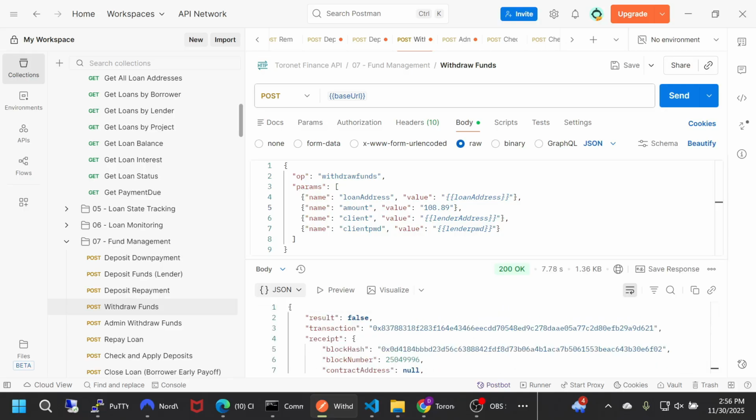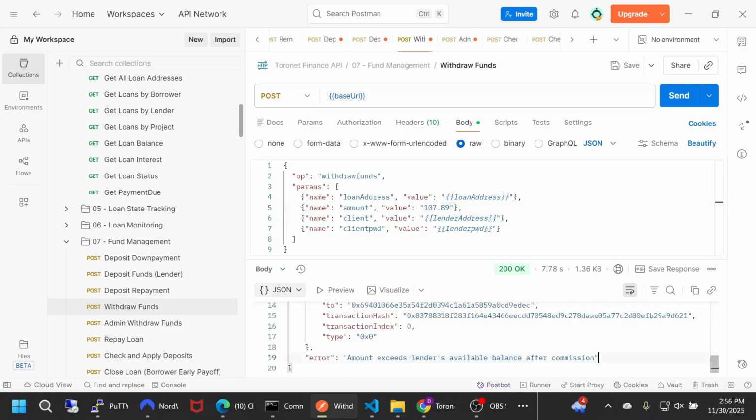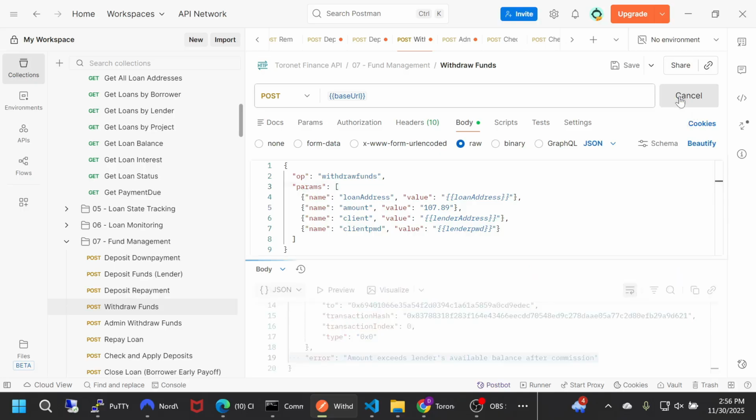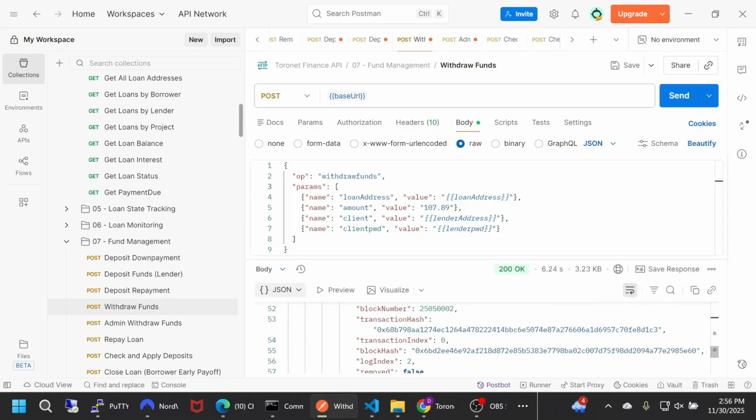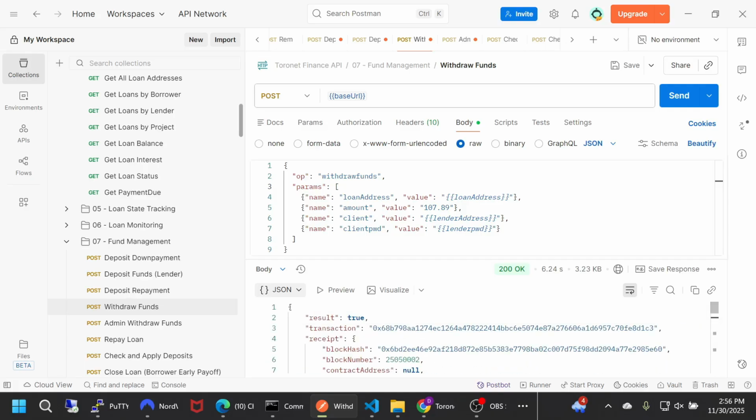All right, so let's just make it 107. So the lender has taken all their funds out. And that's really the end.